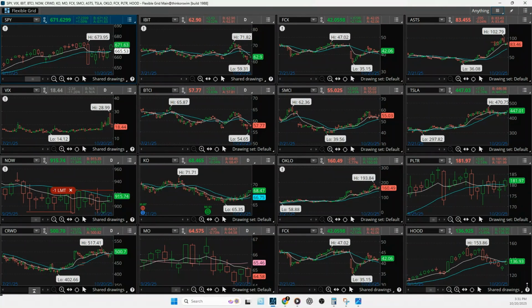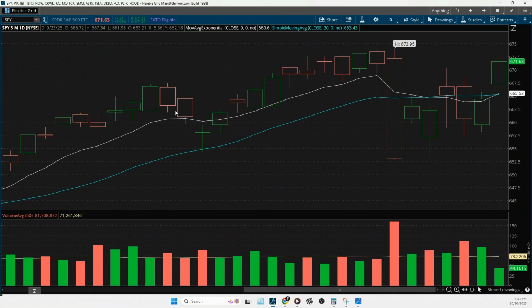So, what do I see going on as we're going into the close? Well, let's talk about what we don't see first. We know for a fact we're not seeing the market fall apart today. This is a pretty bullish candle here, in relationship to the top part of this candle.